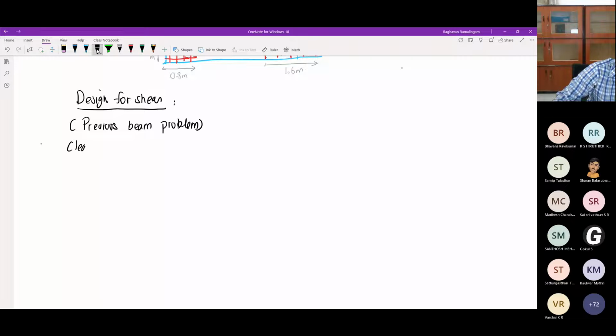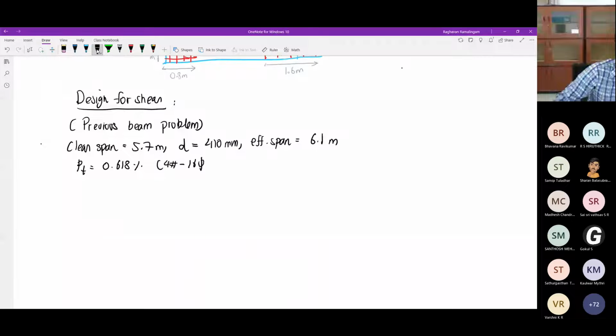For that particular beam, we had calculated that the required percentage of tension reinforcement was 0.618%, composed of 4 numbers of 16 diameter bars. The size of the beam is 300 by, the effective depth is 410.